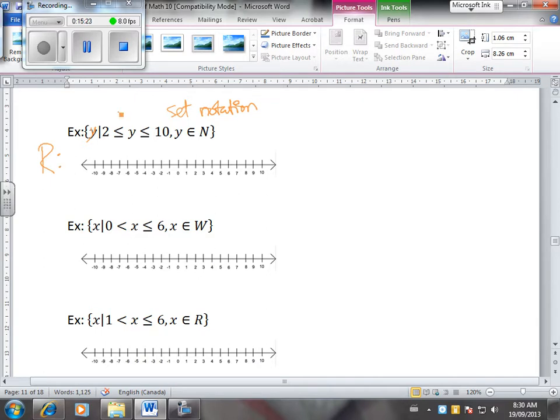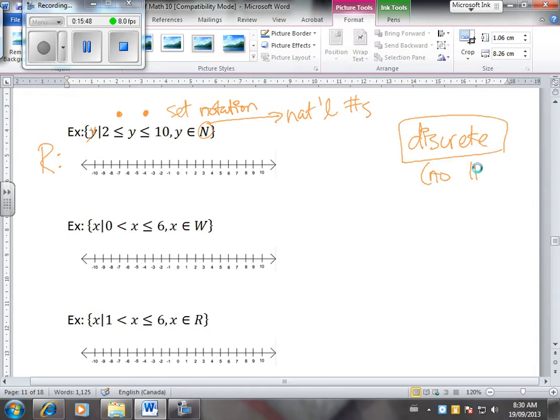So first of all, let's identify that because I have greater than or equal to and less than or equal to, I have solid dots. And then N is natural numbers. Okay? And this is a natural number, so this is discrete, which means that I will not have a line.